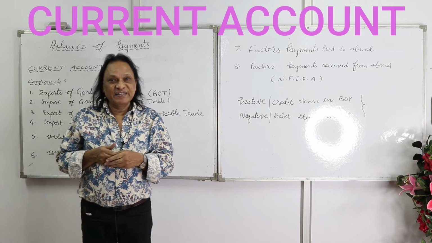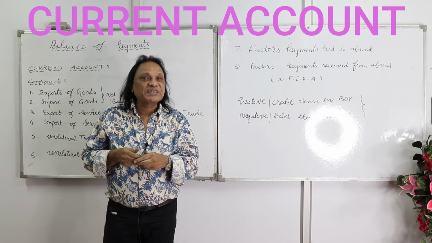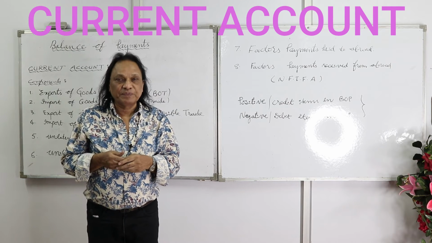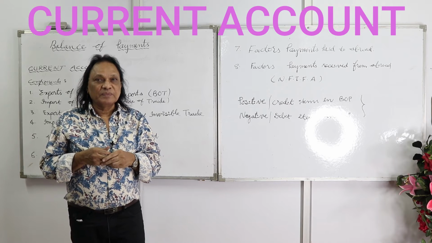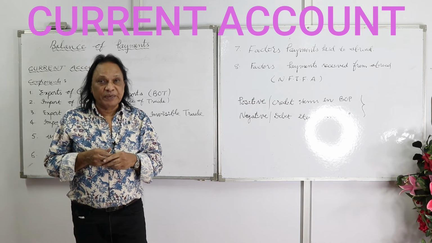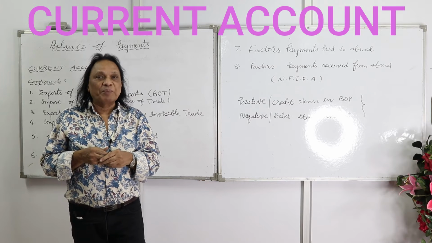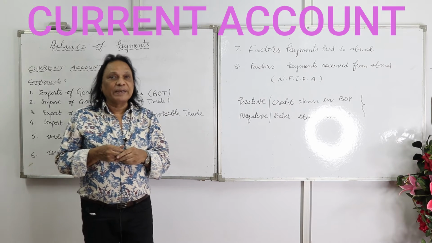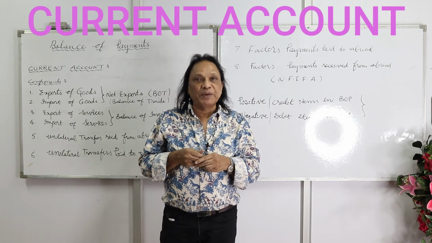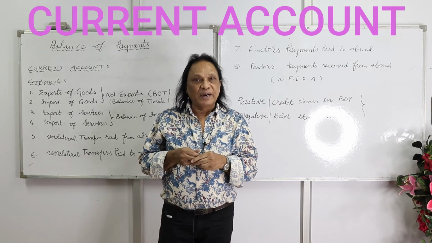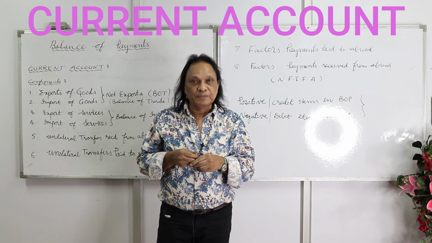You recollect, some time back we were discussing balance of payments and balance of trade. Today we'll continue with the same topic. Balance of payment has two components: one is the current account of balance of payment, and the second one is the capital account of balance of payment.